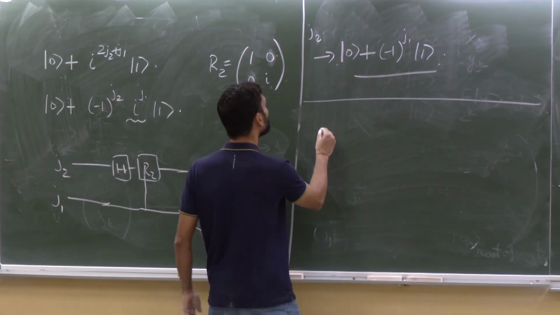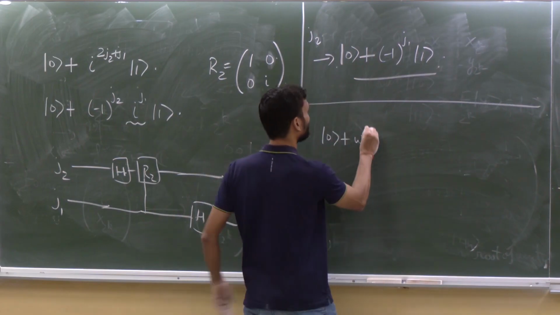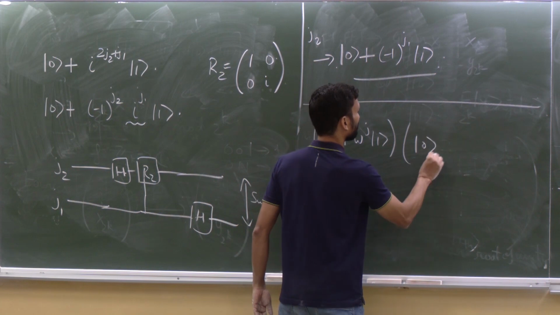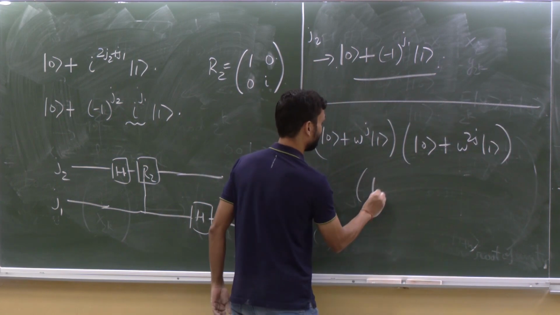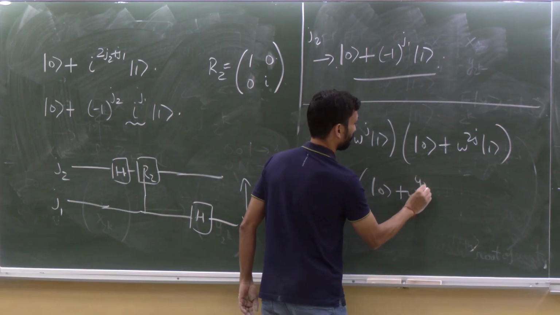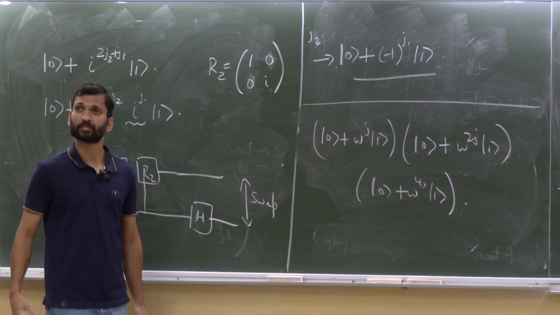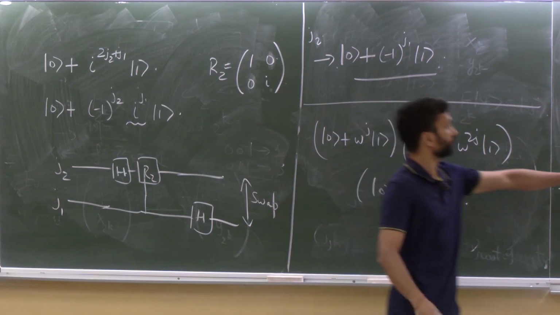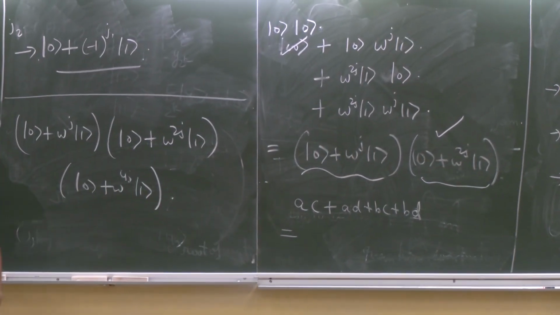So in general, if K is 3, J, 2J, you will get 4J. You can check it, you can calculate it.